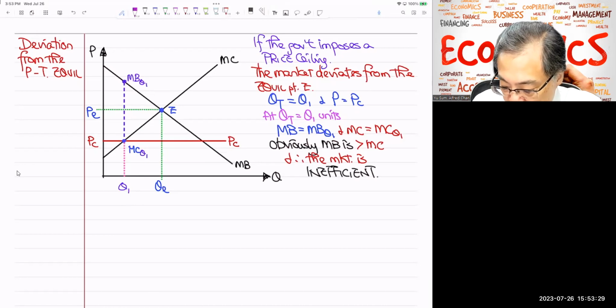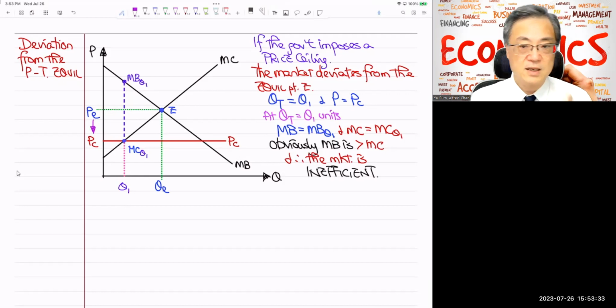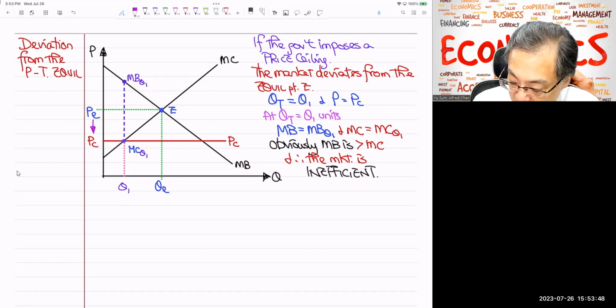Now it moves to PC. We don't have an equilibrium anymore if the government imposes this price ceiling, because QS is not equal to QD, right? The equilibrium point is here, but now QS is here, whereas QD is here.